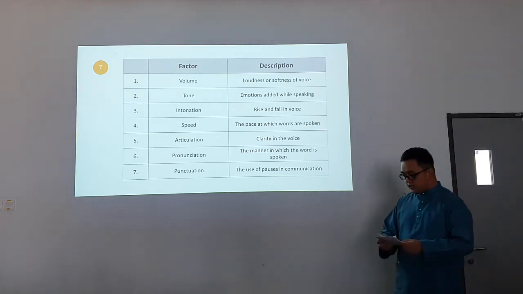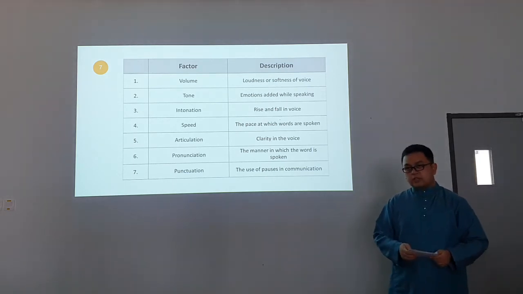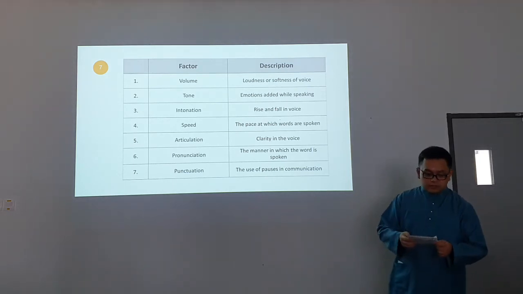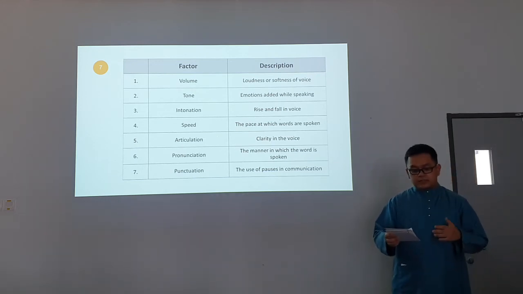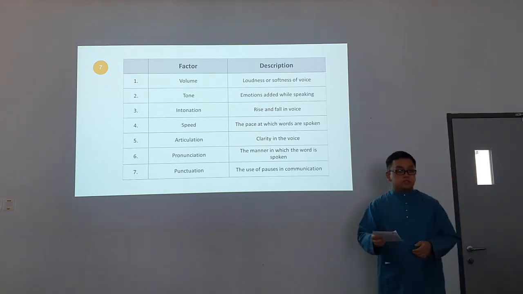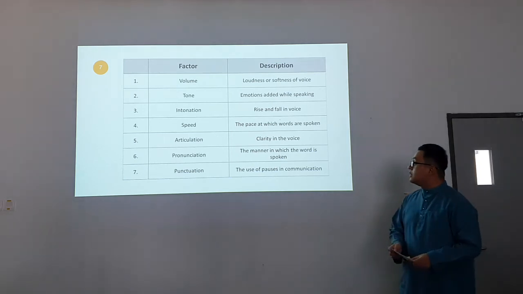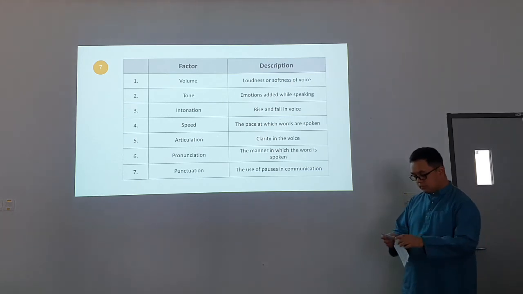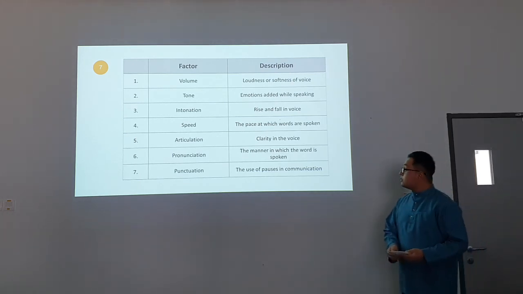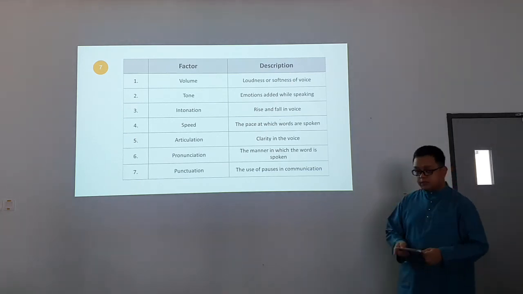Next one is speed. The audience may not process information in time if the speaker talks too fast, and at the same time, the audience will also lose interest if you talk too slowly. The fifth one is articulation, which means clarity in the voice.